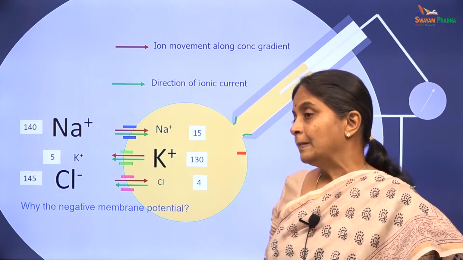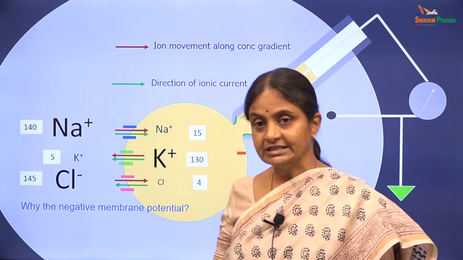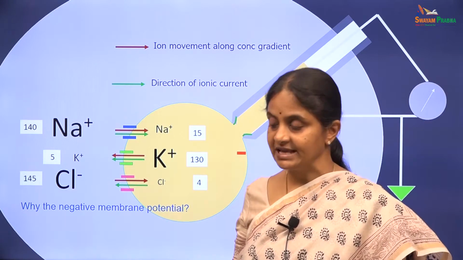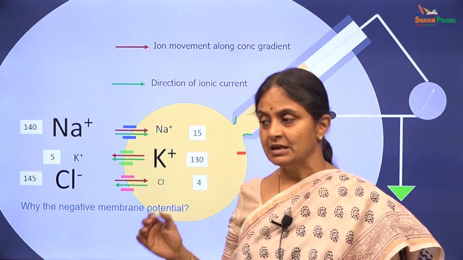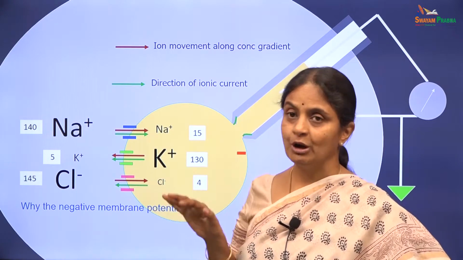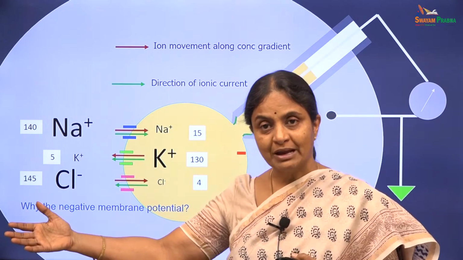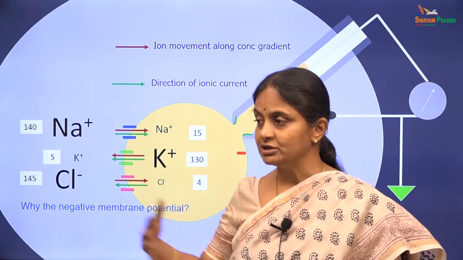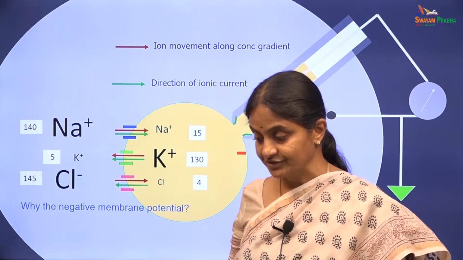Now, if the membrane was permeable to all these ions at rest, or if all these channels were open at rest, then there would be no potential difference across the membrane. It would be a membrane with multiple holes in it, and therefore there would not be two compartments even. There is a very permeable membrane. So, these two compartments essentially become one and the same, and there would be no potential difference across the membrane.